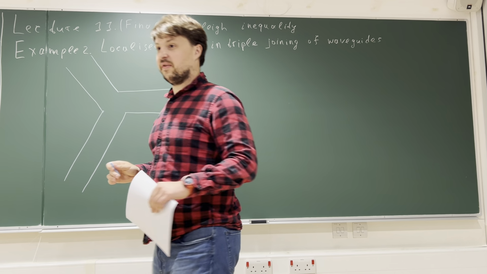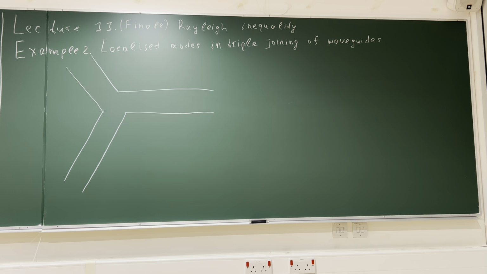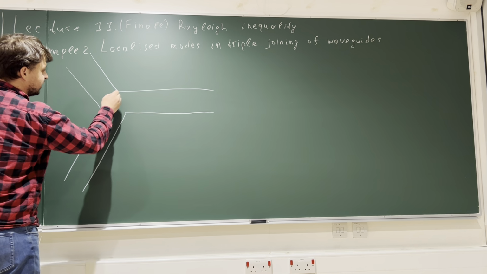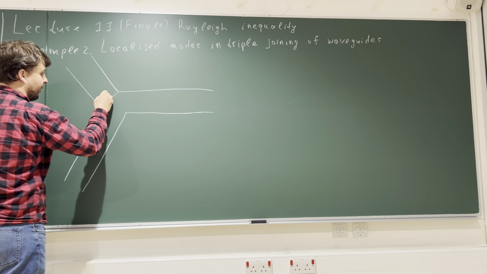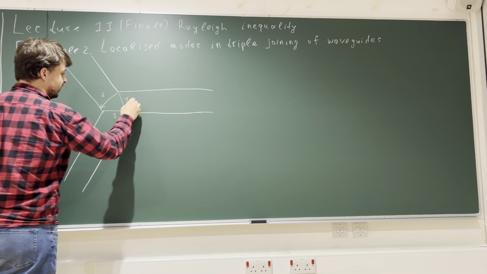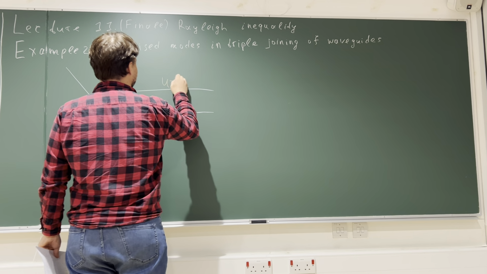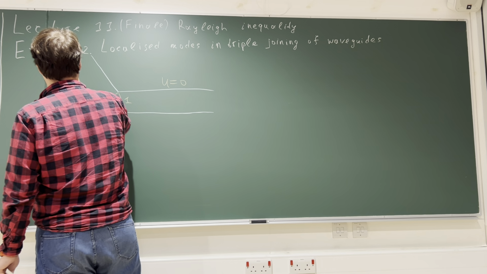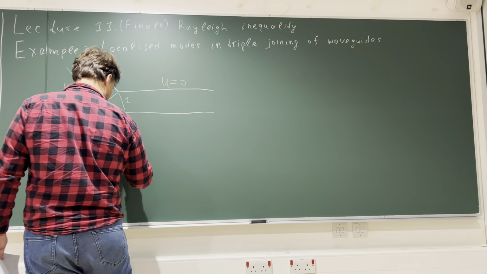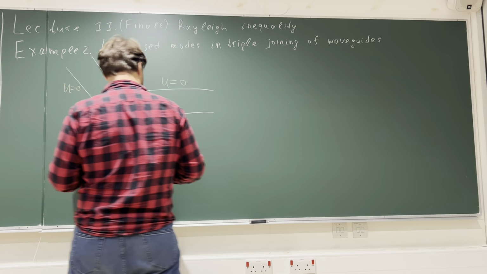So we have 3 waveguides, and I was trying to draw a picture with symmetry 2 pi over 3. So these distances are 1. This thing is an equilateral triangle. And again I have Dirichlet boundary conditions. And one example.